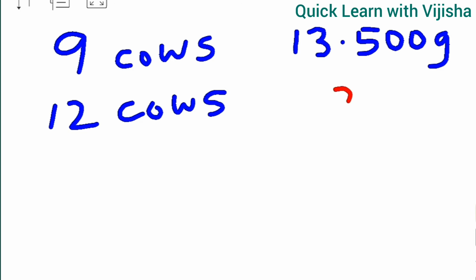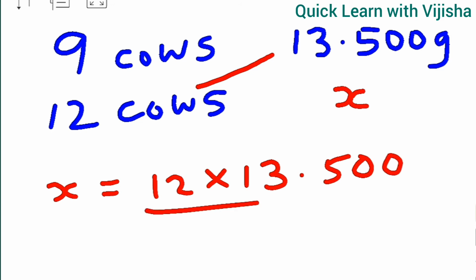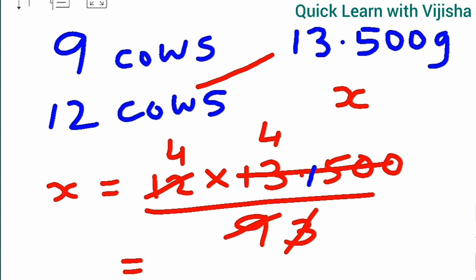Now we need to find the value for x. So this value gets multiplied: 12 into 13.500 upon 9. After calculating, the common table is 3: 3 4s are 12 and 3 3s are 9. This 3 and 13.5 will get divided. 3 4s are 12, remaining is 1, it becomes 15. 3 5s are 15.